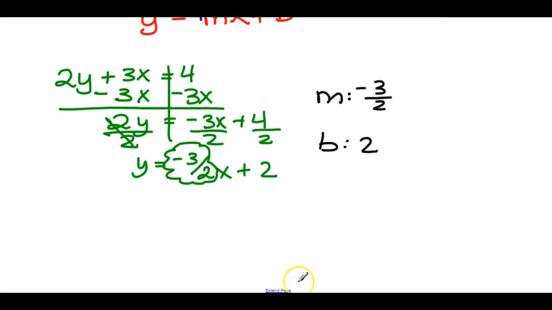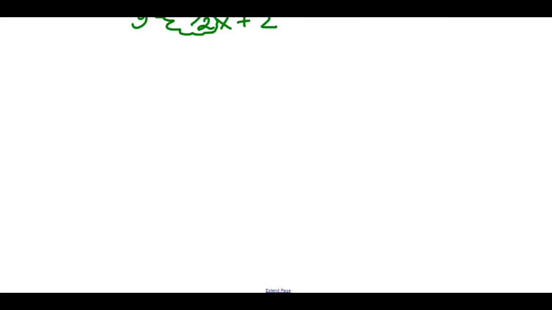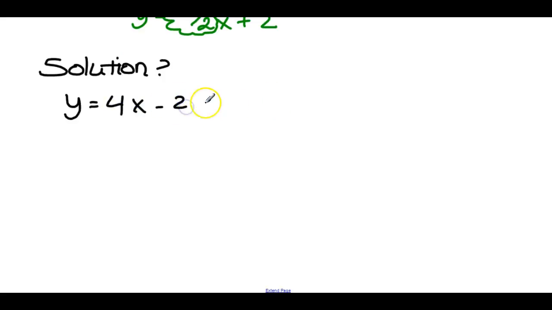So what happens if we want to find out if something is a solution? So we're going to say solution, question mark. So if we have y equals 4x minus 2, and we are told that the coordinate pair is 3 and 4. So think back, with our coordinate pairs, this is your x and this is your y value.